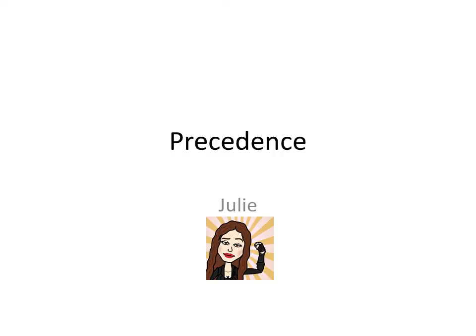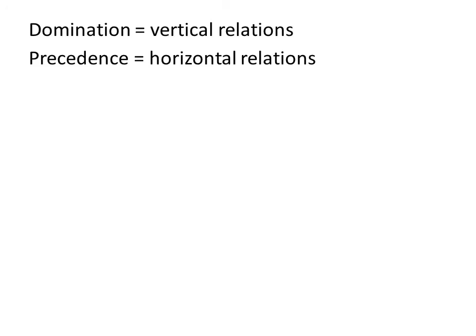Now we will discuss another kind of relation found in trees, called precedence. You can either have a vertical relationship in a tree, which is dominance, or a horizontal relationship in a tree, which is precedence. But you can never have both at the same time.